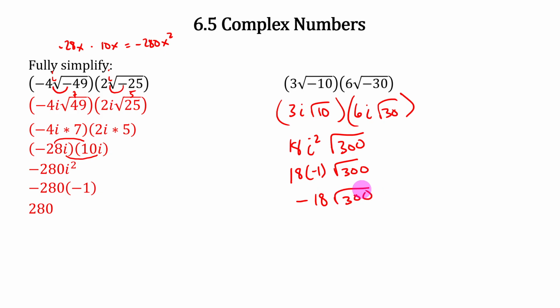And we just need to simplify square root of 300. So that should be square root 100 times square root 3. So it's negative 18 times 10 times square root 3. So negative 180 square root of 3. And there you go. You have now learned math with imaginary numbers. Good luck.